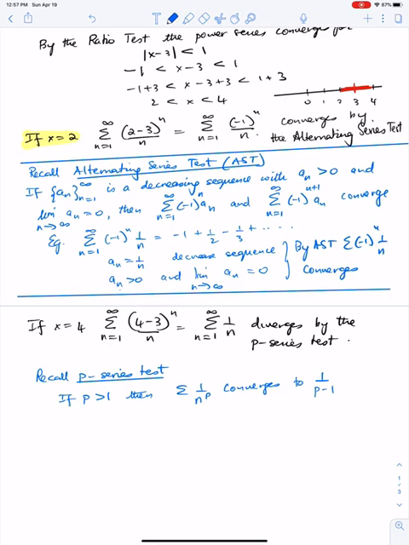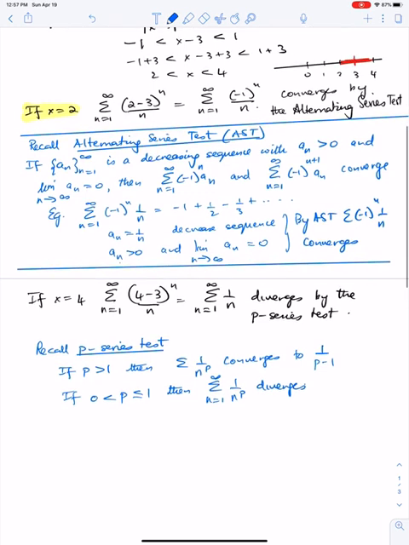And if 0 is less than p less than or equal to 1, then summation n equals 1 to infinity of 1 over n to the p diverges. So the answer here, I'll give you a moment to catch up and think about it.